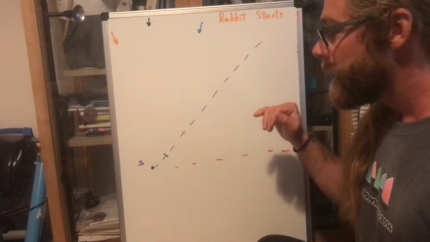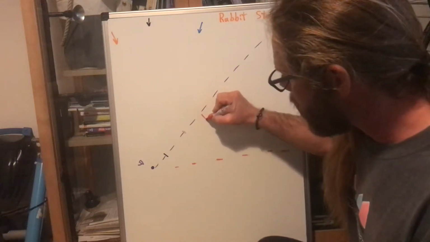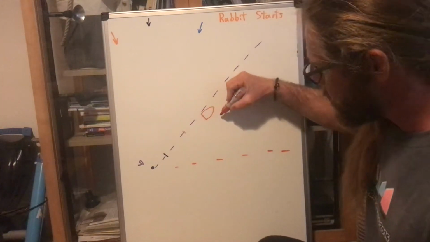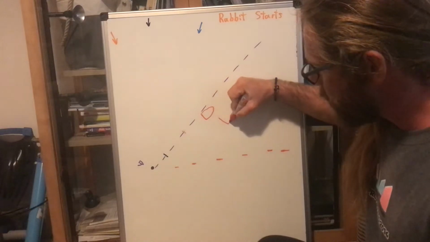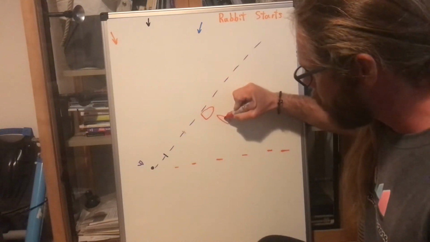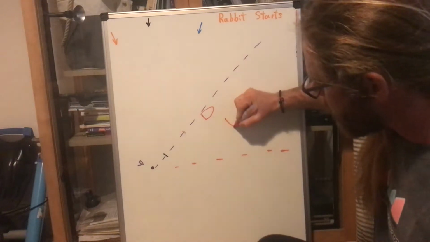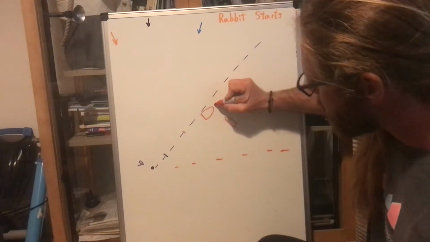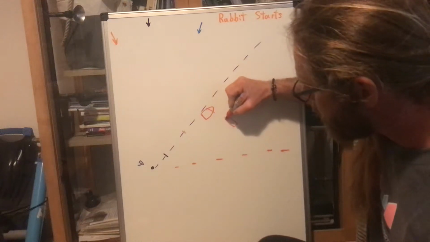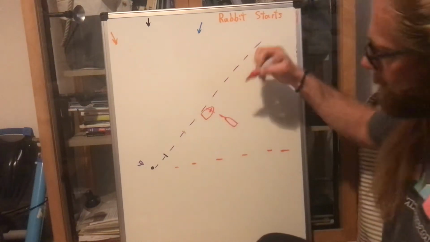So that means that if the rabbit's coming along, I'm going to make the rabbit much bigger for a second, and this boat here, let's call them 1, has timed it perfectly so that as the rabbit gets here, this boat gets there.